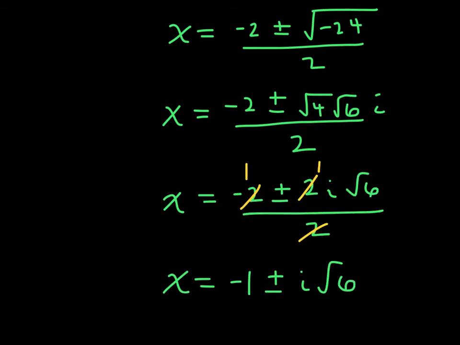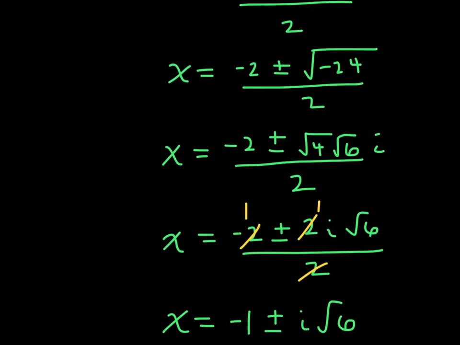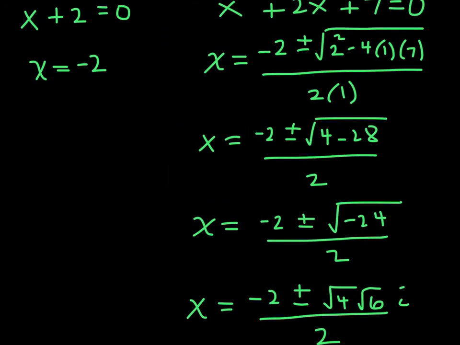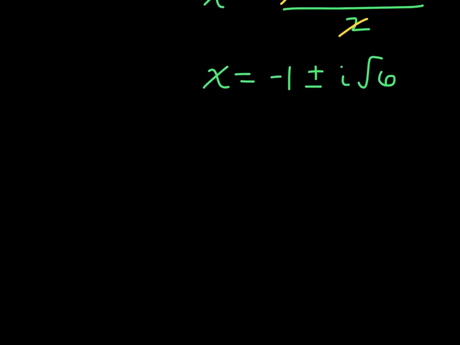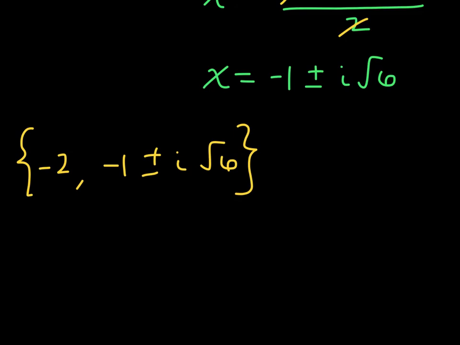So these are two different complex solutions or zeros, and then the other zero was here, x equal to negative 2. So let's write down all of our zeros in set notation, okay? So negative 2, and then you have negative 1 plus i root 6, and you have negative 1 minus i root 6. Those are your zeros.